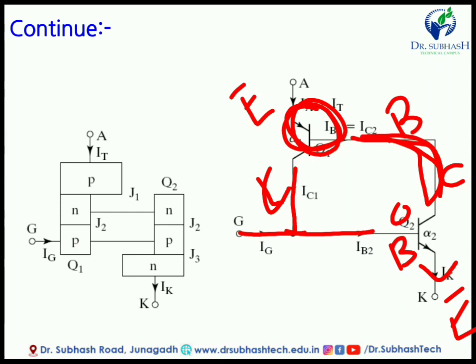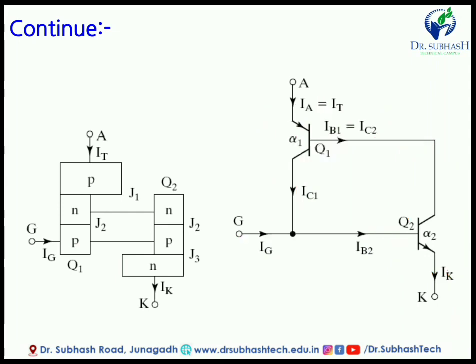Now in this figure we can discuss the currents. IB1, the base current 1, is equal to the collector current 2, because this terminal is the collector. So the collector current of Q2 is equal to the base current of Q1. Here also IC1 and this is IB2.